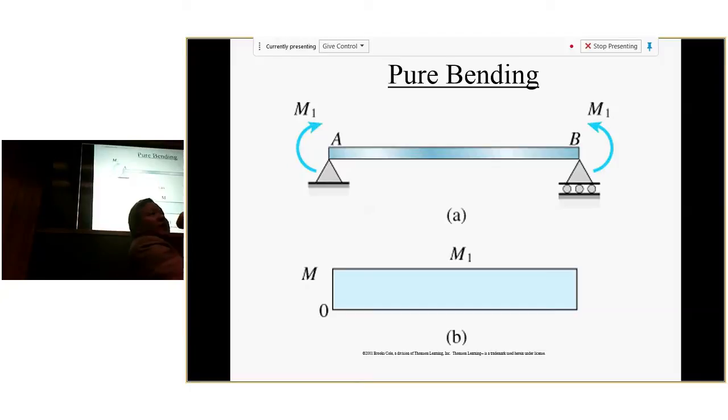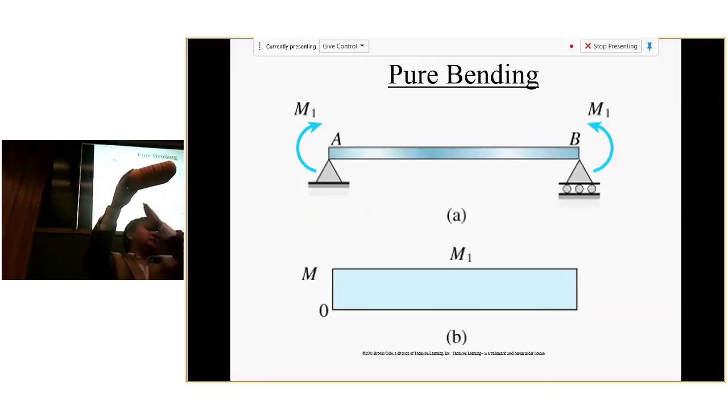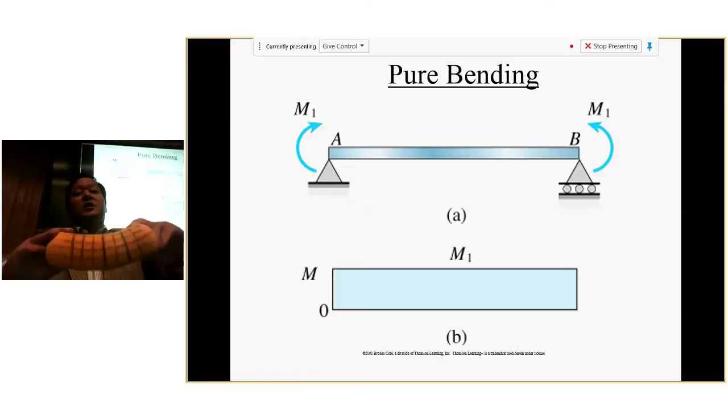Initially you see the straight lines I drew there, pretty good straight lines. Now if you bend it a little bit, you see the line is still straight. So imagine it's basically a plane when you cut cross sections. This plane will remain a plane when you bend it. That's the plane assumption.